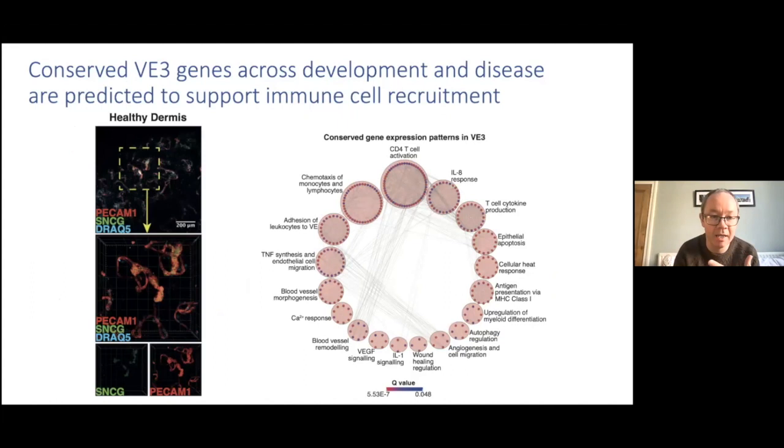On the left here, we use PECAM1 as a pan-vascular endothelial marker, and SCGN, gamma-synuclein, is specific for VE3. We find co-localization of the gamma-synuclein with the more dilated vascular endothelial cells, or the more dilated vascular loops. So this would morphologically support their involvement in immune cell recruitment.